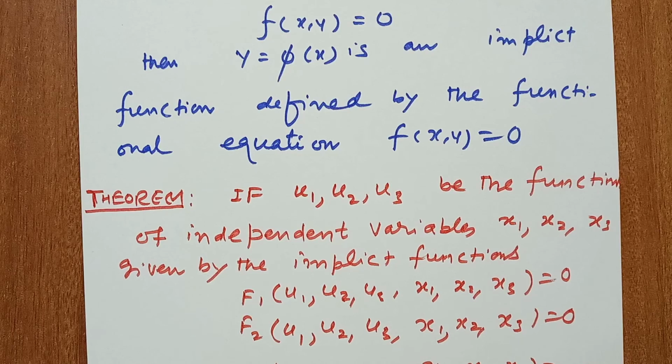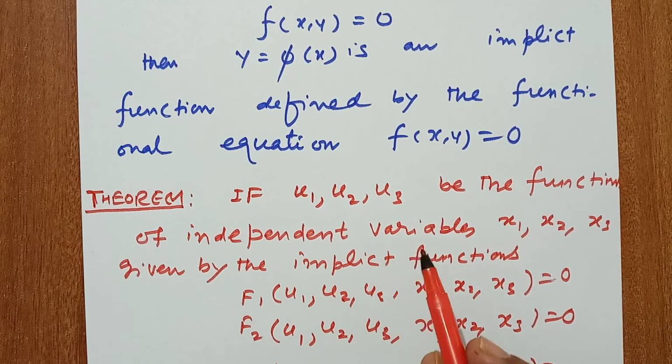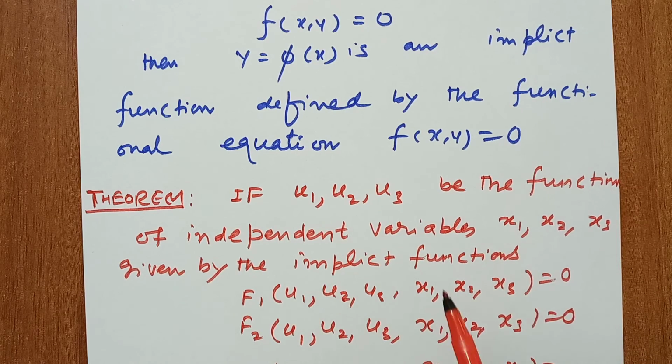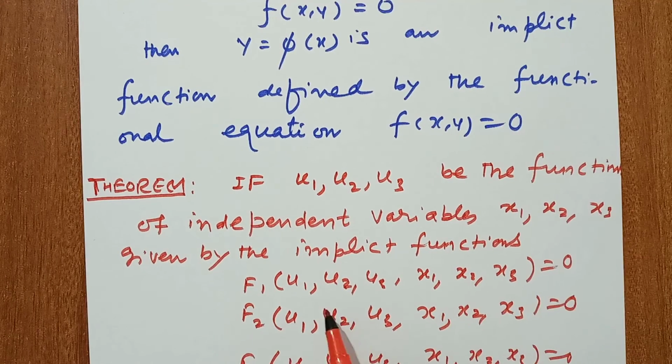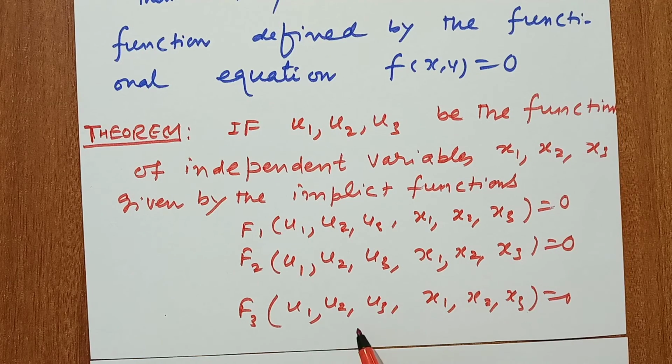Now, the theorem on implicit functions. If u1, u2, u3 are functions of independent variables x1, x2 and x3 given by the implicit functions, the following relations: f1(u1, u2, u3, x1, x2, x3) = 0, the second relation f2(u1, u2, u3, x1, x2, x3) = 0, and the third relation f3(u1, u2, u3, x1, x2, x3) = 0.